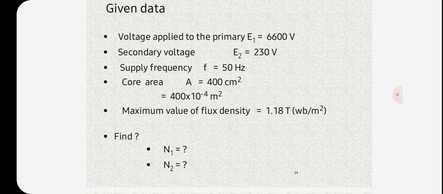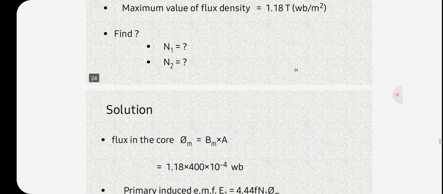The maximum flux density is 1.18 Tesla or Weber per meter square; these are the same units. So here we can find the N1 and N2 values.